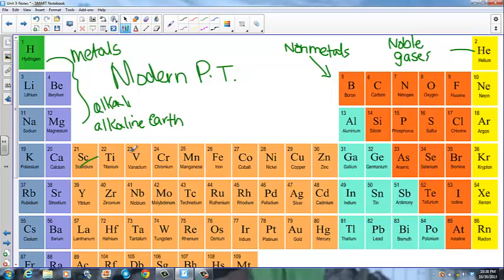All of these are transition metals. And the word transition means to kind of shift, right? To go from one type of property to another, transition from one place to another.